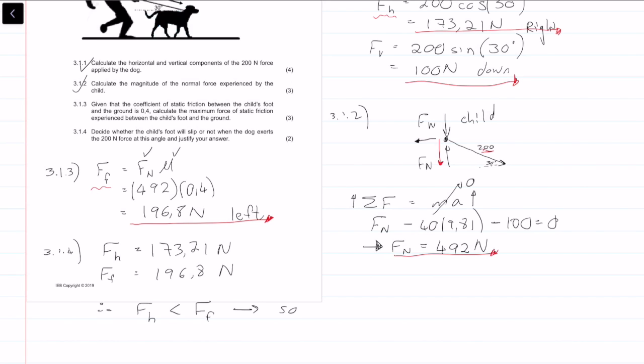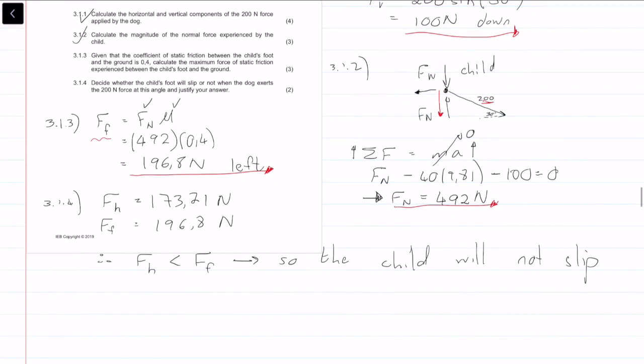So we can say the child will not slip. Okay, so basically, hypothetical situation, if the force horizontal was greater than the force friction, then slipping would occur. Okay, does that make sense?